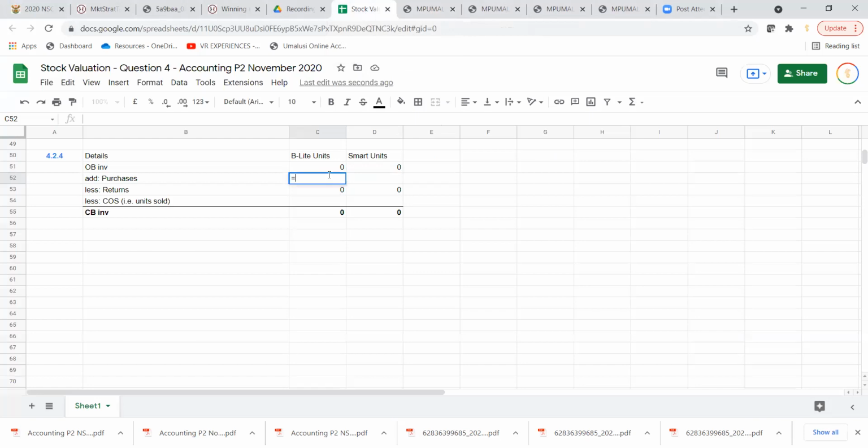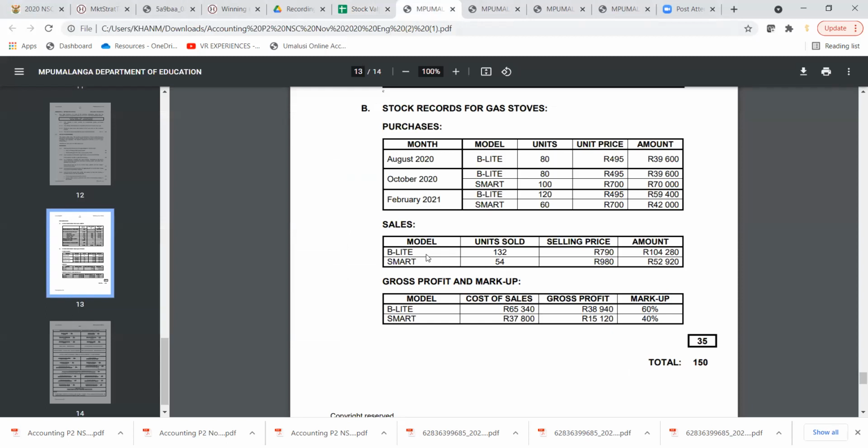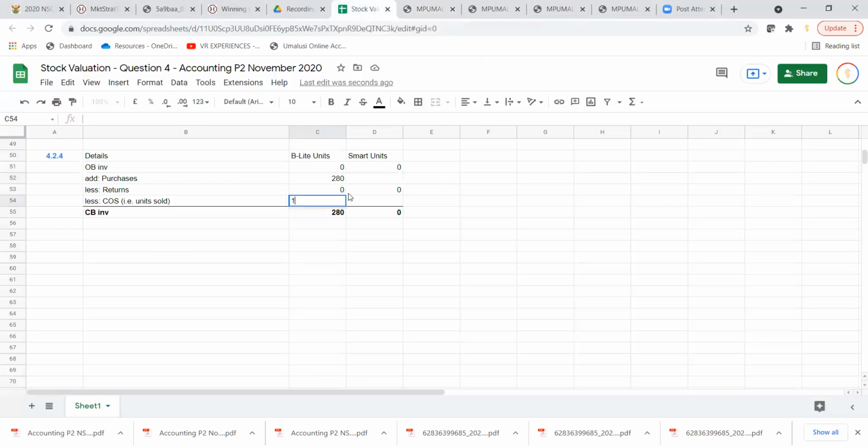So we can go over here. It is 80 plus 80 plus 120. The units sold for B light was 132. So therefore the number of units on hand is 4112.